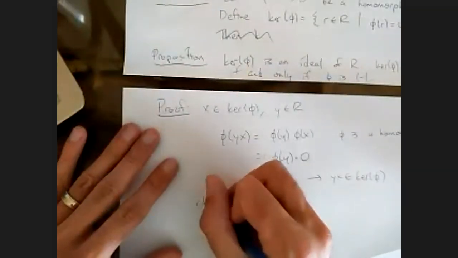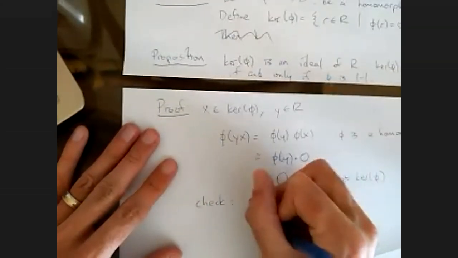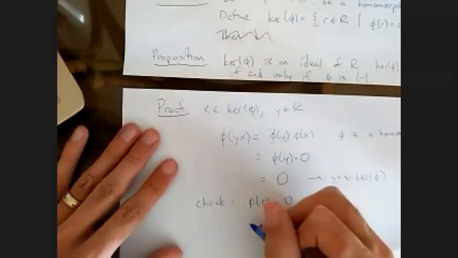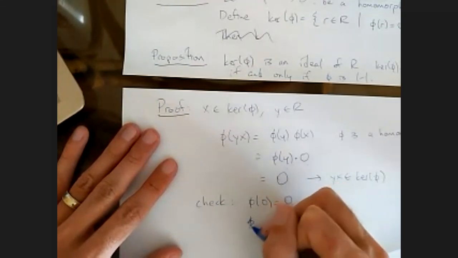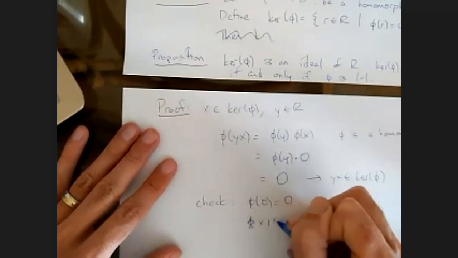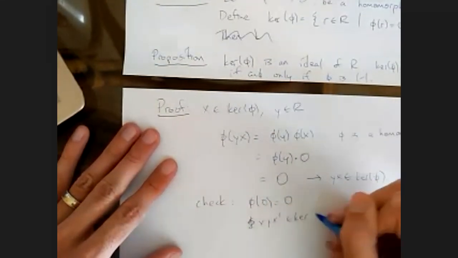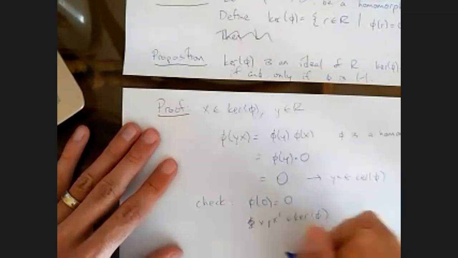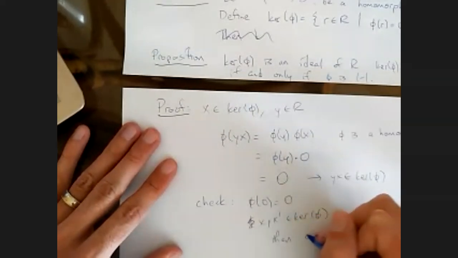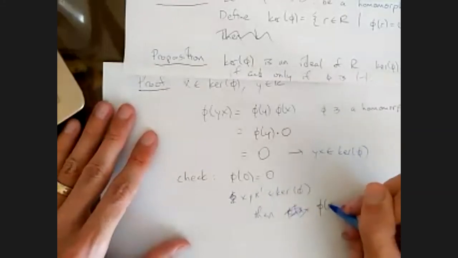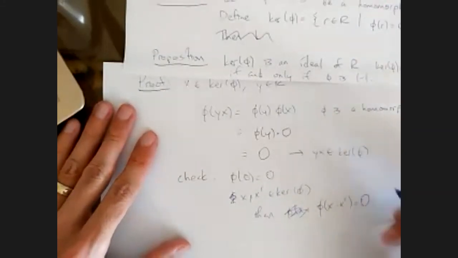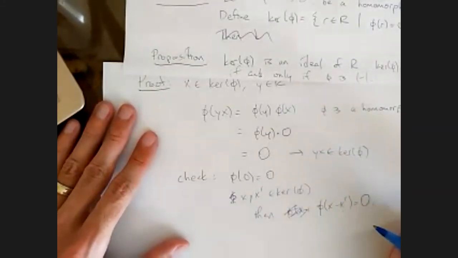And then you would also have to check that phi of 0 equals 0, and check that if x and x prime are in the kernel of phi, then phi of x minus x prime equals 0, meaning that x minus x prime is in the kernel.